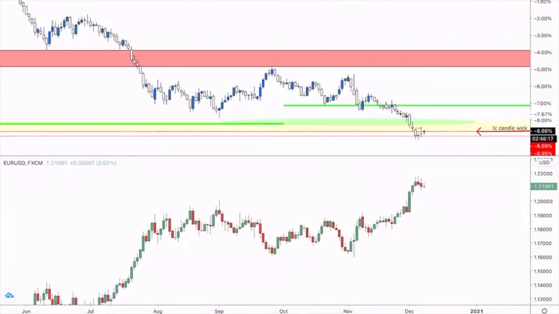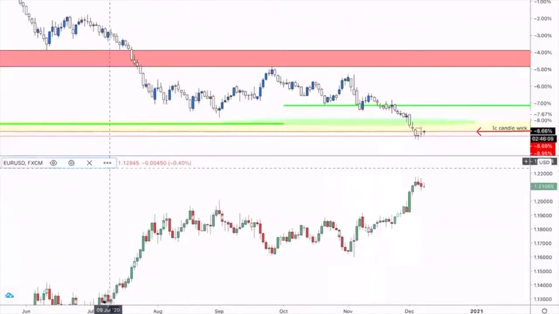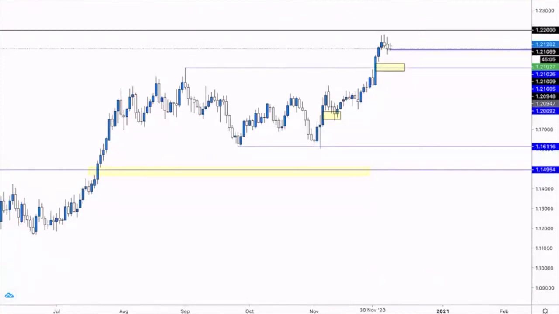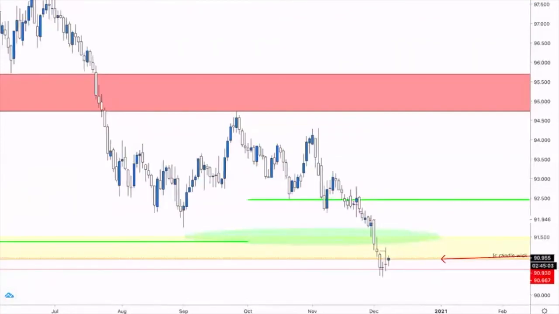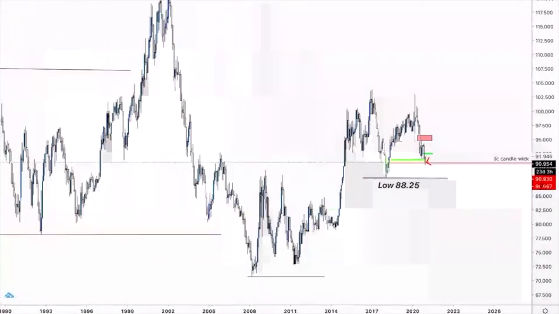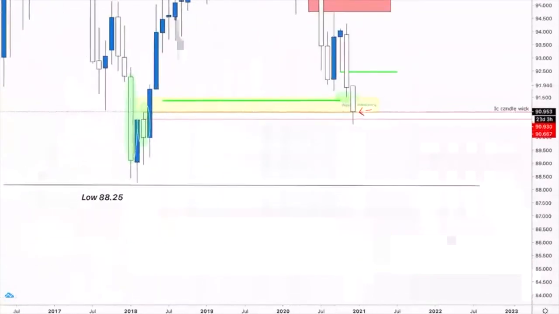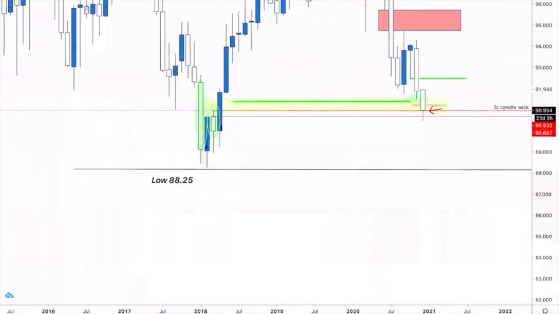For example, we know the DXY, the dollar index, and we're just looking at the overall bias or direction of the DXY.